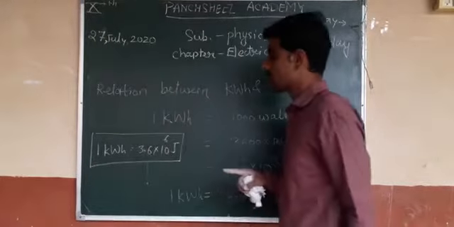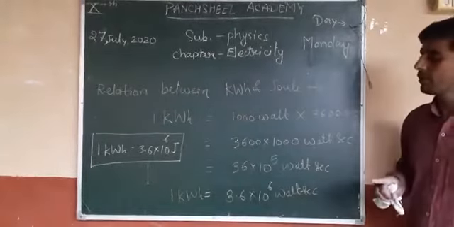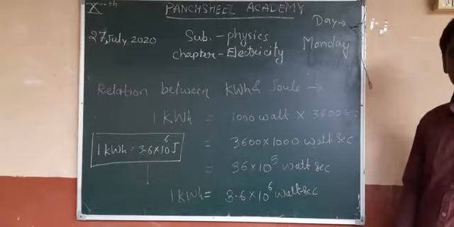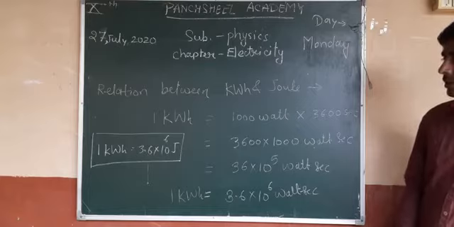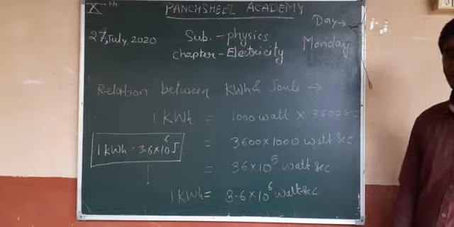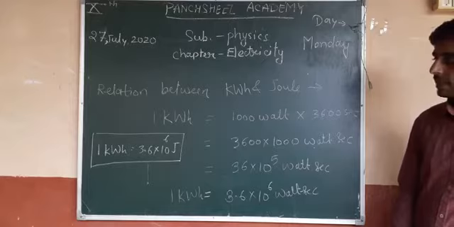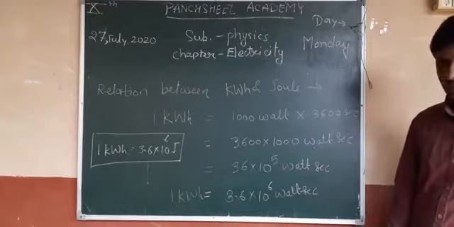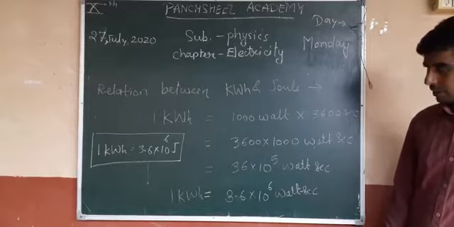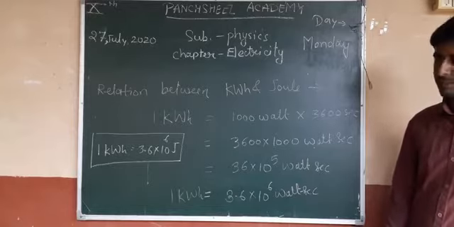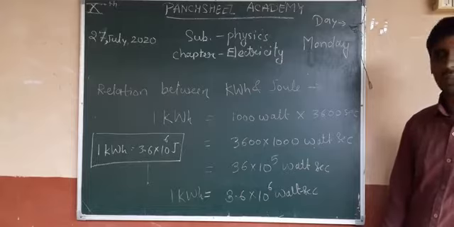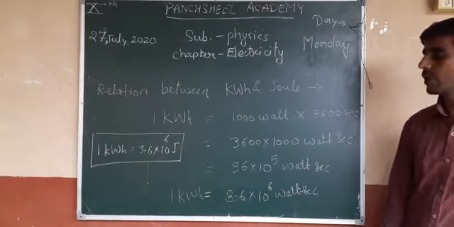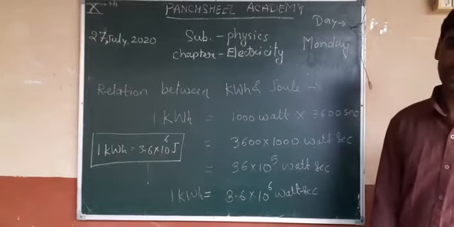This is a very important relation. This is the energy consumed by any appliance when it runs for 1 hour. So the commercial energy is measured in kilowatt hour or unit, or 3.6 into 10 to the power 6 joule.